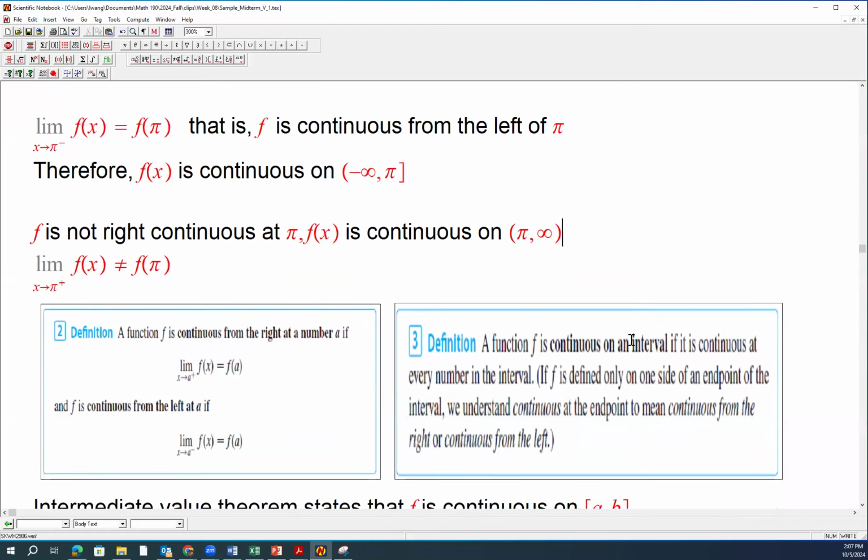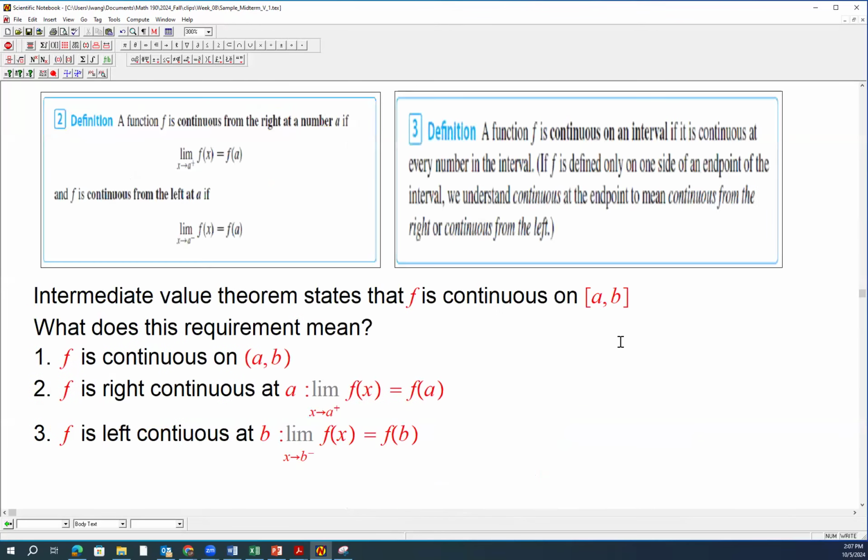Okay. Now, I explained to you the intermediate value theorem that states when f is continuous on a closed interval, what it really implies: continuous on the interval from A to B without including A and B, and at A is right continuous, at B is left continuous.